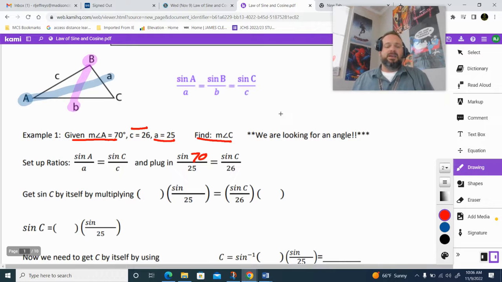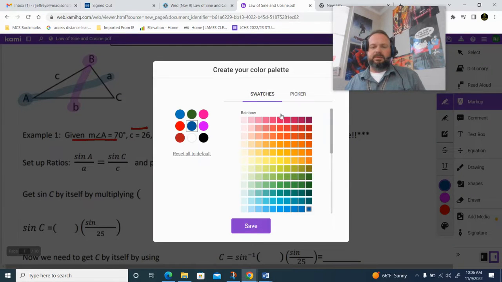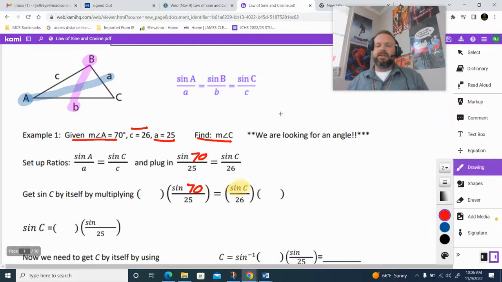So now we got to get the sine of C. We've got to get this by itself. So we're going to have to end up multiplying both sides by 26.